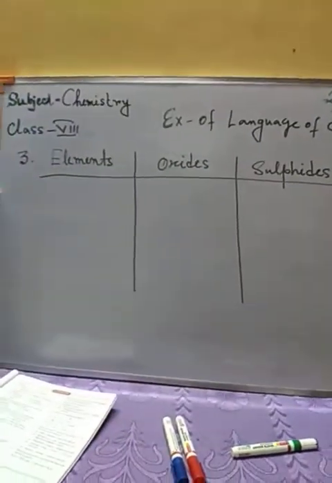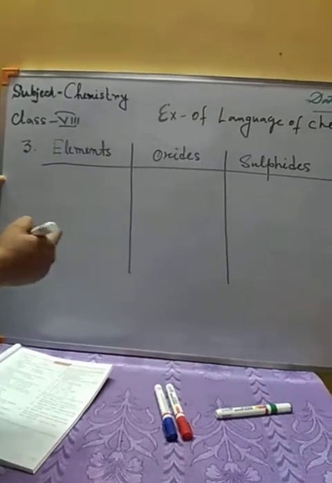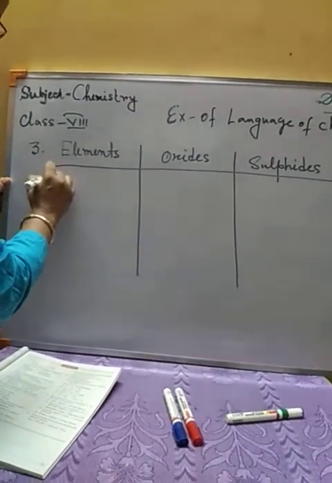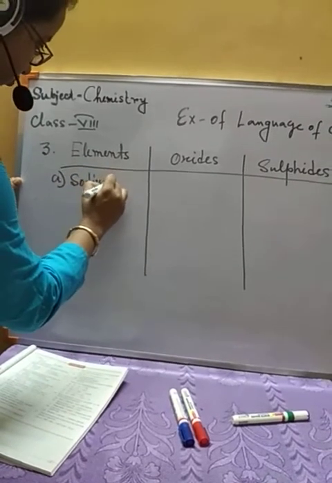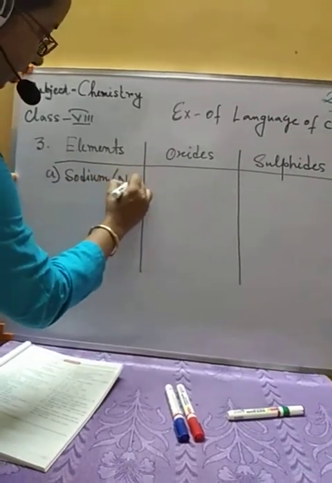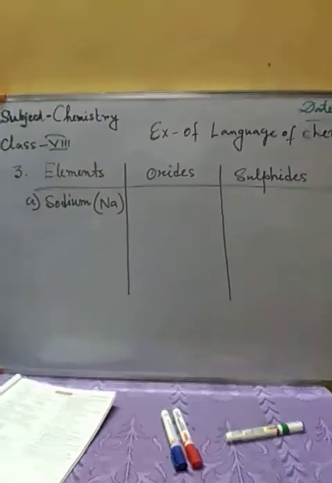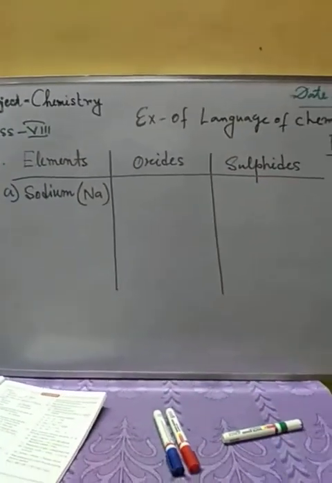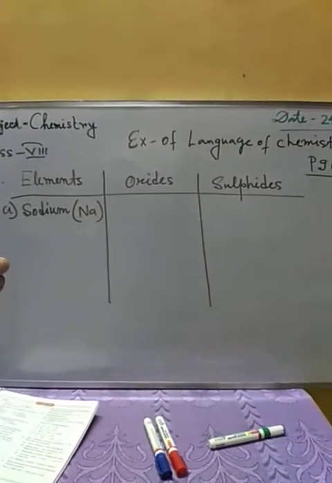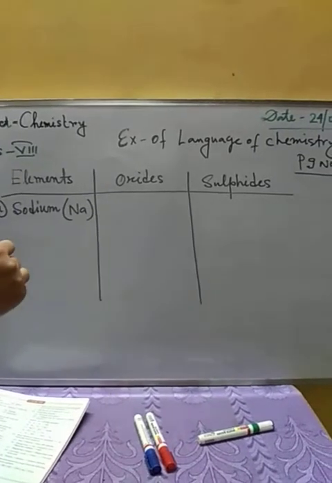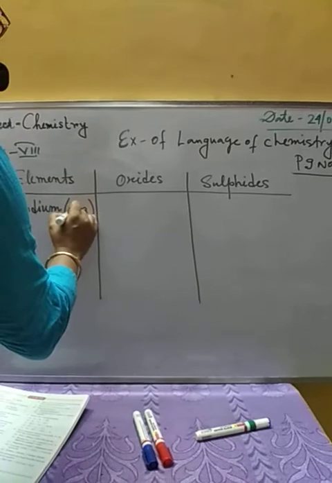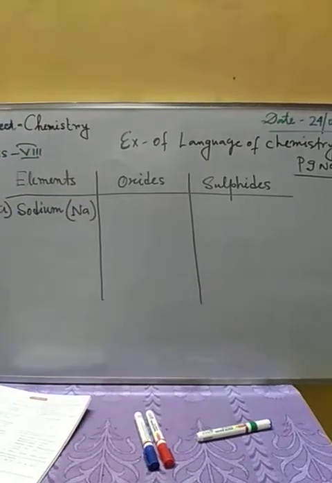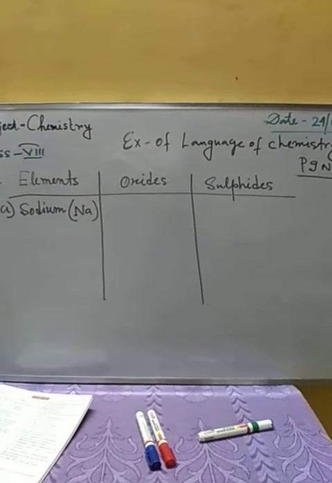The first element is sodium. In brackets, let us write down the symbol. So oxide of sodium: as we know that valency of sodium is 1 and oxide's valency is 2.